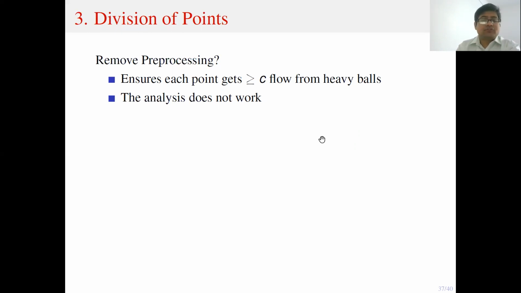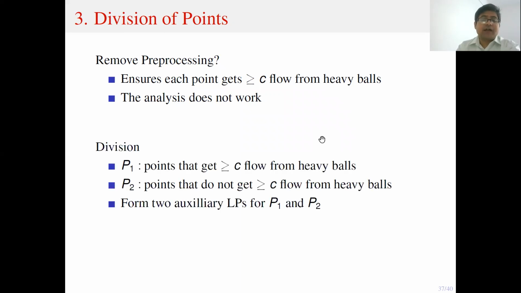However, what we do is we use the third idea. So we divide the points into 2 disjoint point sets. P1, the points that get at least a constant amount of flow from heavy balls. So for these points, the condition is already satisfied. And the points P2 for which the condition is not satisfied.